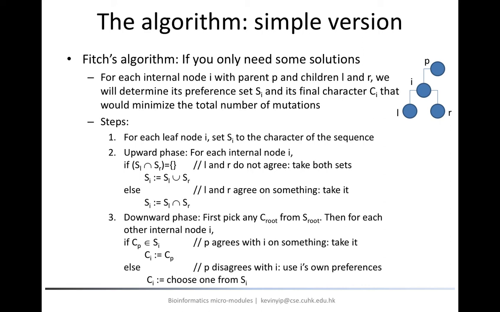If the parent's choice is also one of its own preferences, this nucleotide chosen by the parent is also chosen by the current node. If the parent's choice is not within its own preferences, then the current node simply chooses one of the nucleotides in its preference set and ignores the parent. This process continues until every internal node has made the decision.